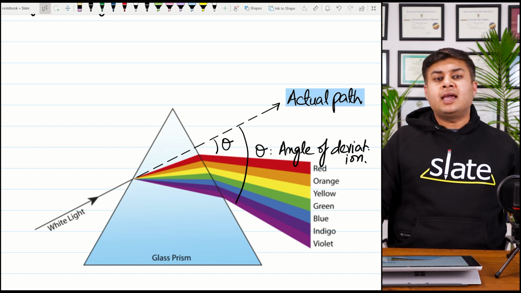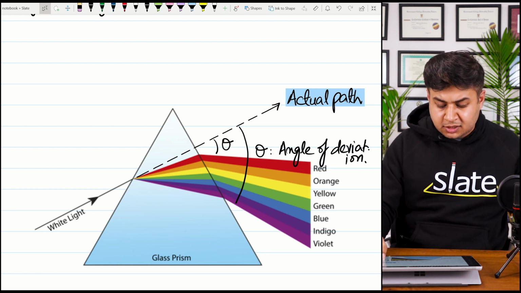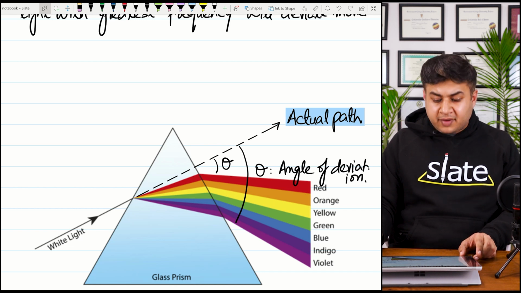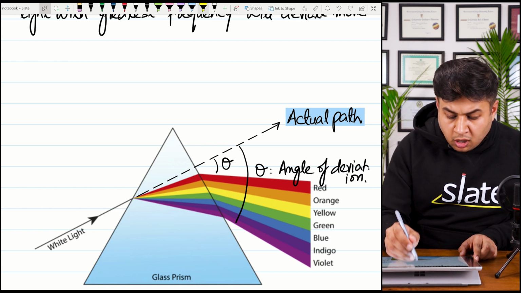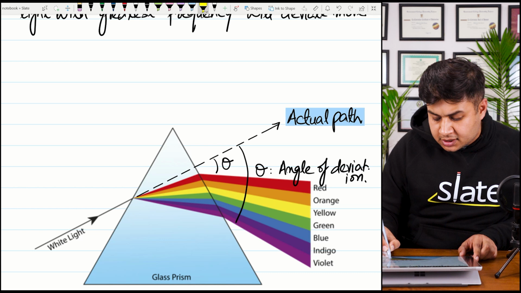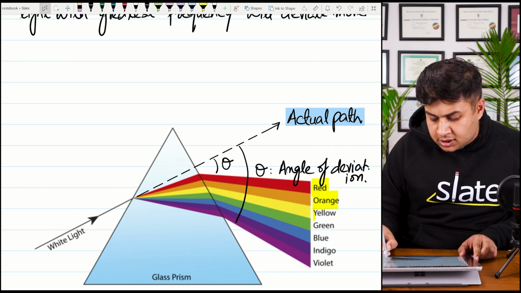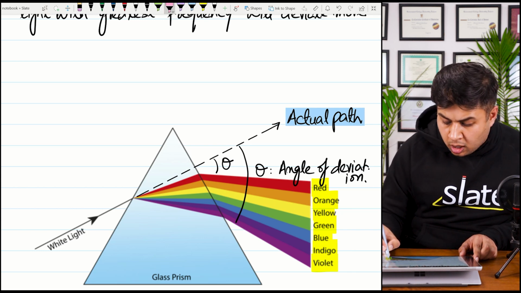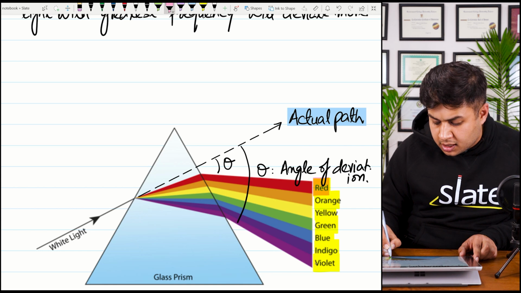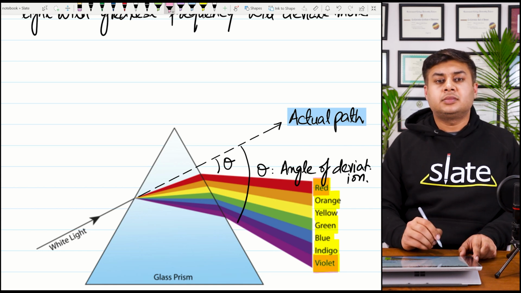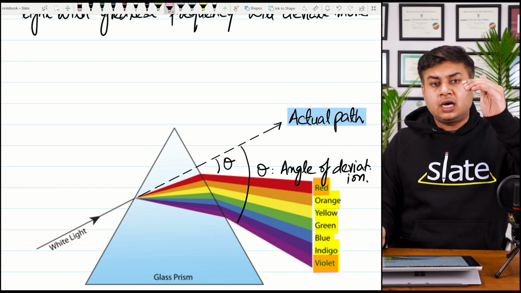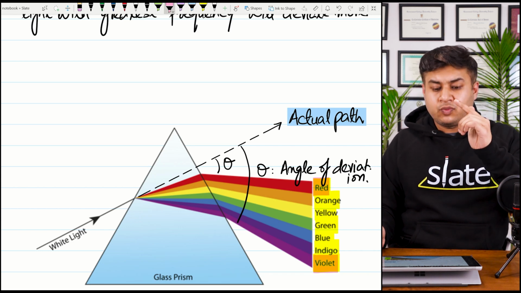So now you can clearly see that light is refracted and dispersed into its component colors, which are red, orange, yellow, green, blue, indigo, and violet. Red being on top and violet being at the bottom. In the rainbow also we saw the same thing: the red color was on top and the innermost color was violet.